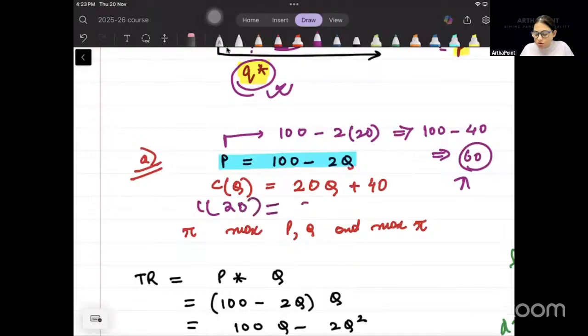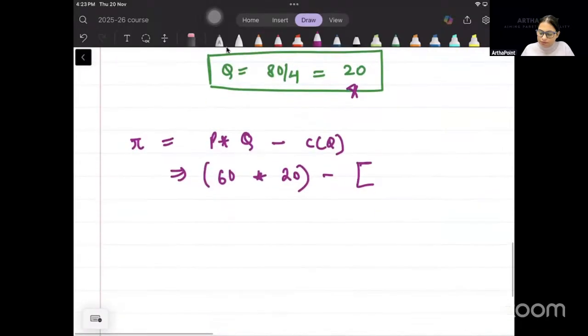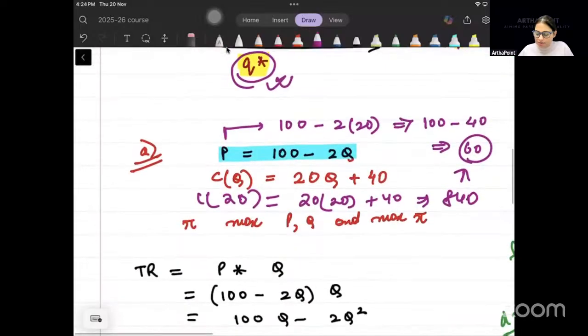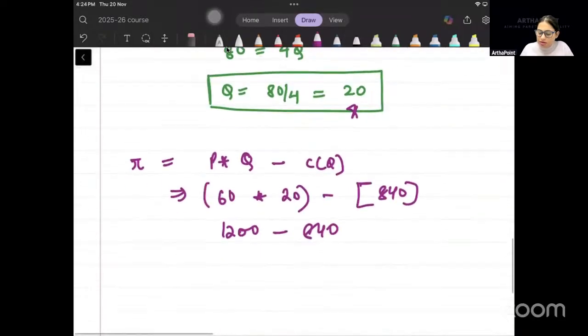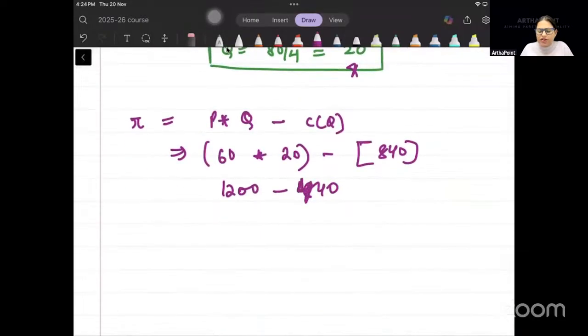So it is going to be 20 into 20 plus 40, 840. Okay, so this will be 1200 minus 840. Whatever answer you will get. Acha, one thing I have to highlight here. Sorry, this will be 440. My bad. So this will be minus 440. Whatever answer you get here.